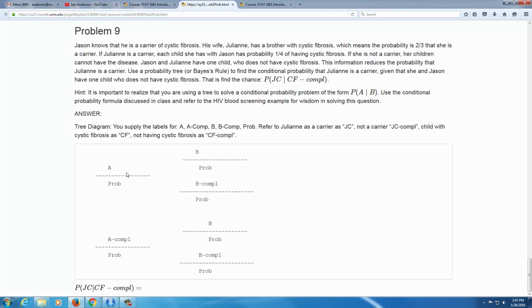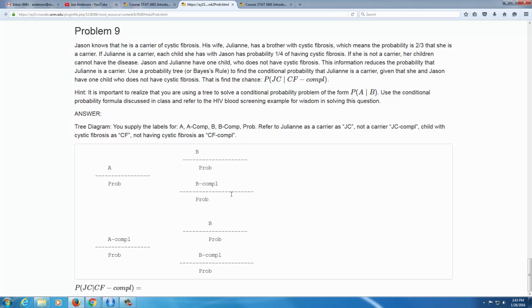You're going to need to construct a tree diagram where one of the branches is about Julianne being a carrier. The other branches are about whether the child does or does not have cystic fibrosis. And you're going to need to fill out the tree diagram and use it to calculate this conditional probability.